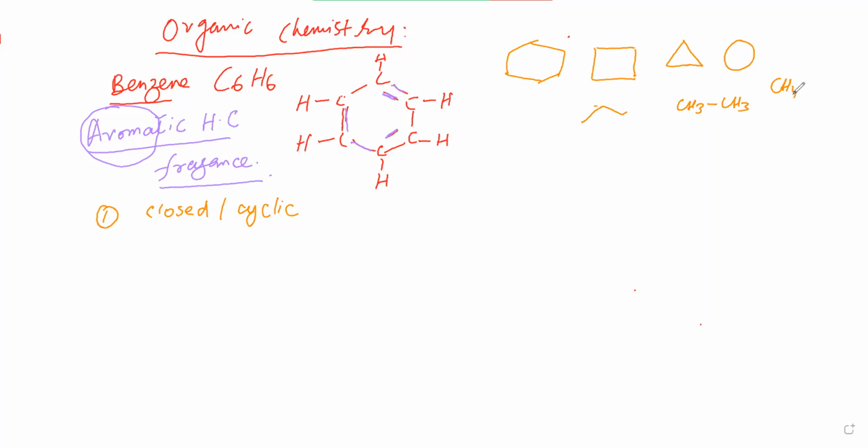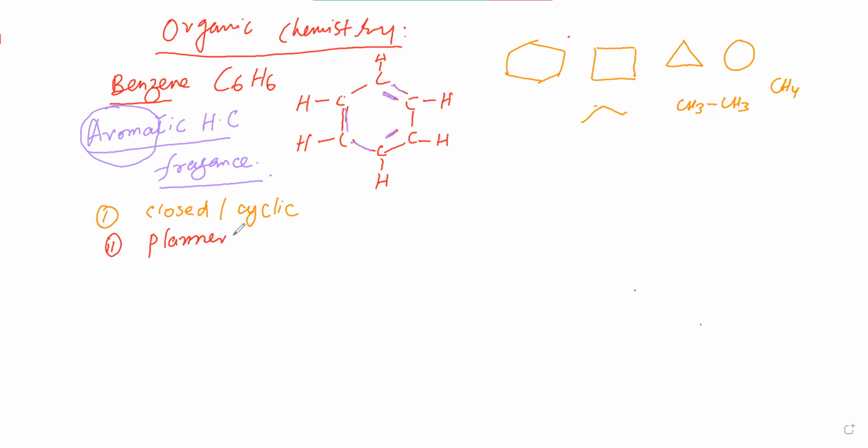So, according to aromatic compounds, the first criterion is that the compound must be cyclic or closed in nature. Is it clear? Second criterion. Yes, sir. Okay. Once the compound is closed, cyclic, the compound must be planar in nature.